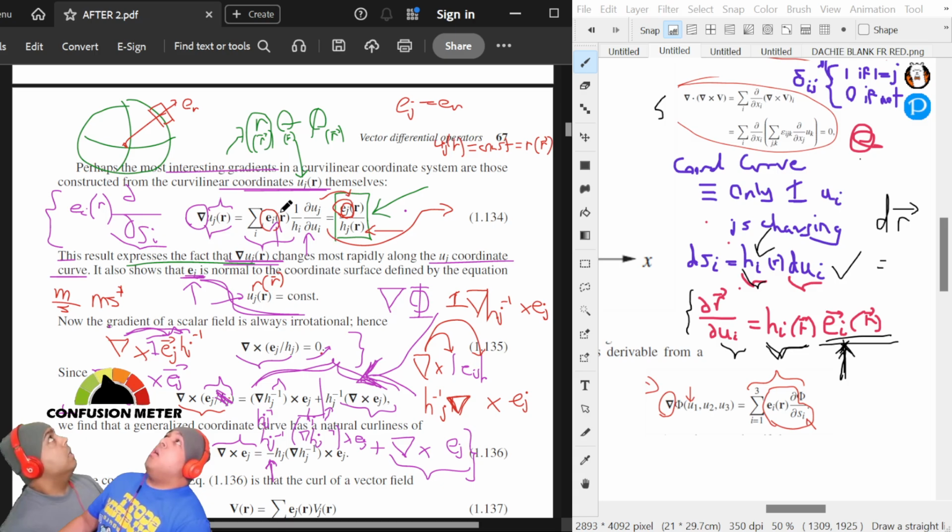Let's compute this. So e_i would be e_r times 1 over del r of r. Wait, no, don't wait.